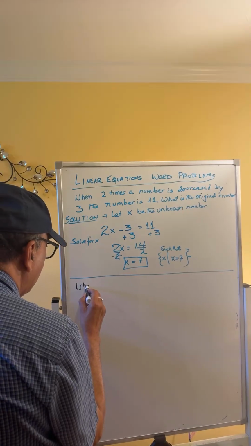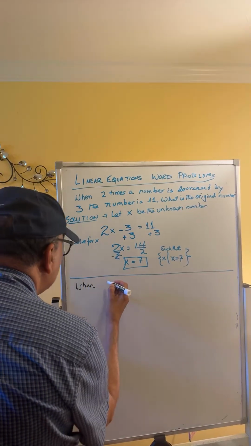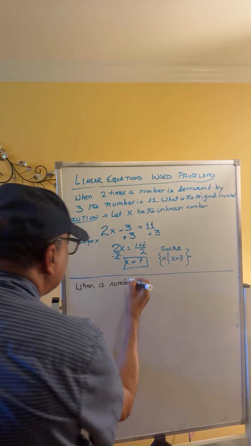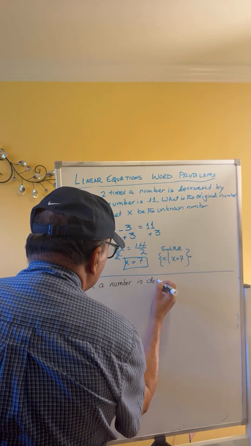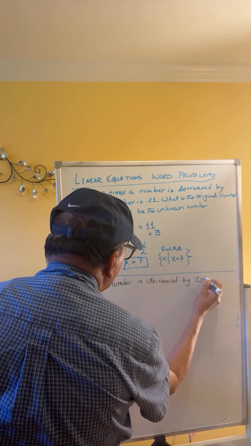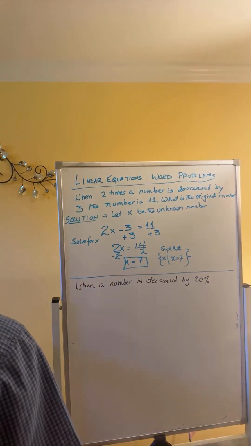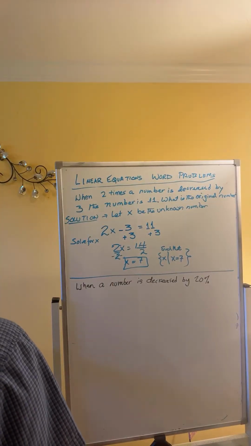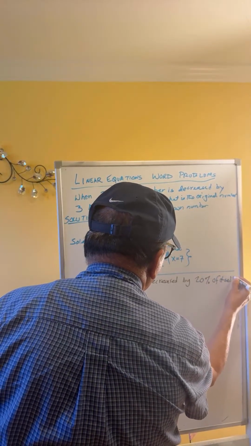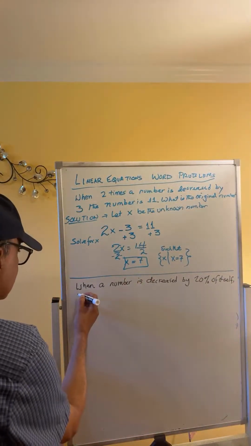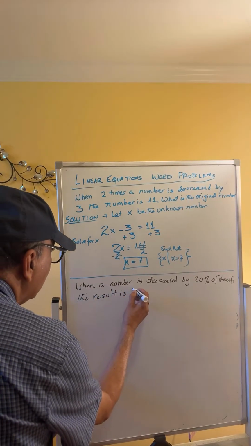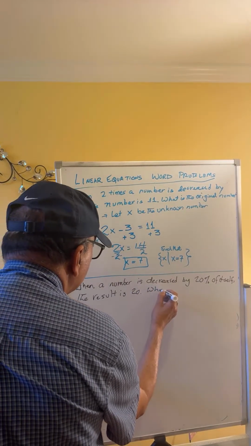When a number is decreased by 20% of itself, the result is 20. What is the number?